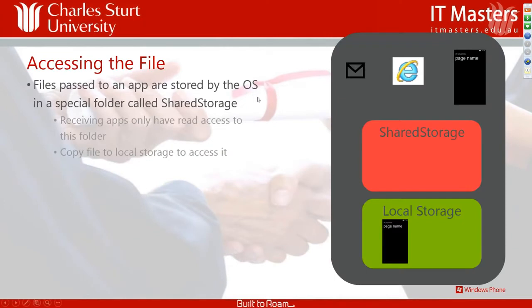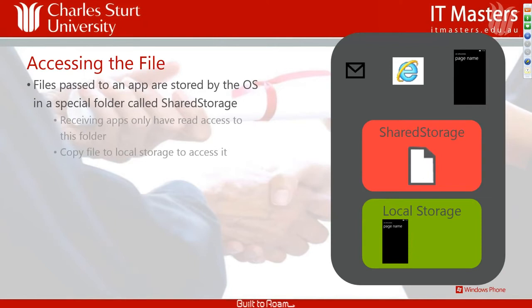Just a note in terms of how the interaction between different applications works. Essentially, regardless of which application the file is coming from, the file is copied out of that application into a shared storage area. So in here we've got emails, a file coming from a web browser, and a file coming from a third-party application.